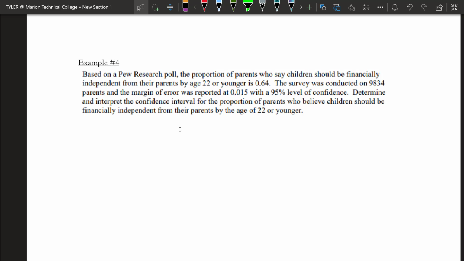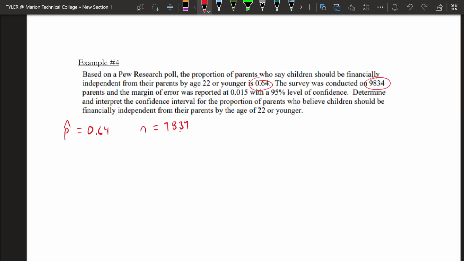Right? So just to write down some things, this 0.64 is my p hat. So p hat is equal to 0.64. So this number here is my n. N equals 9,834. Right? Collected results on that many parents.